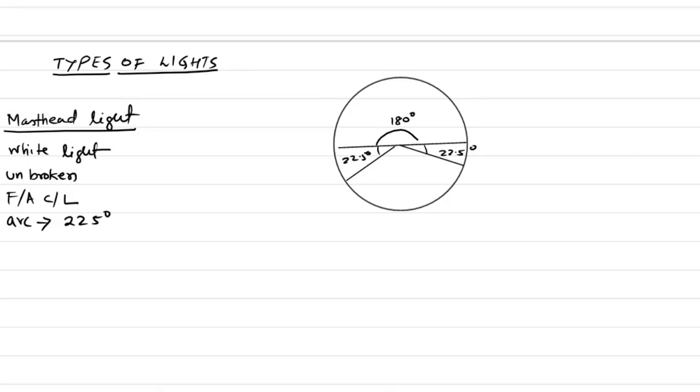The entire arc, I am representing, 180 degree plus 22.5 degree plus 22.5 degree, that is actually 225 degree. So that is how it is going to look. This is the masthead light. I have covered this in simple steps. Then we have another light, that is a stern light.